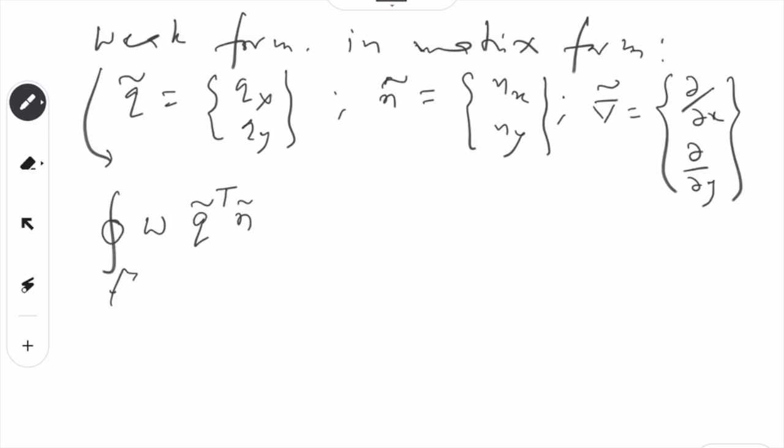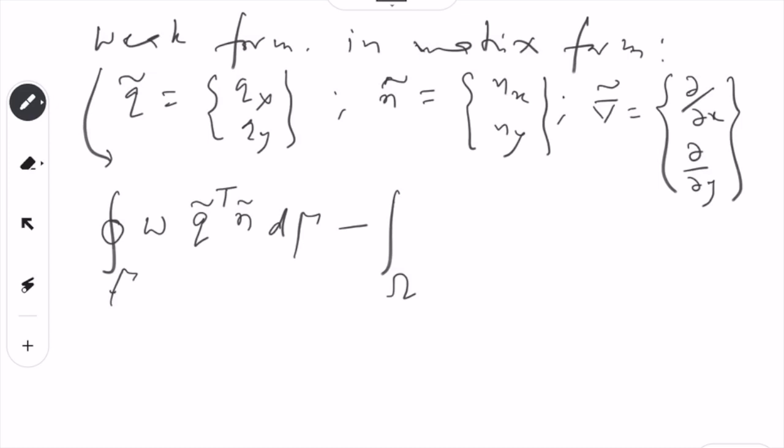So this tells us this becomes vector q dot n vector, and this is integrated over the whole boundary, okay, minus the whole domain, and then we have del w.